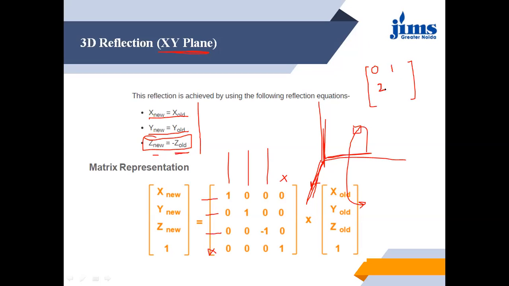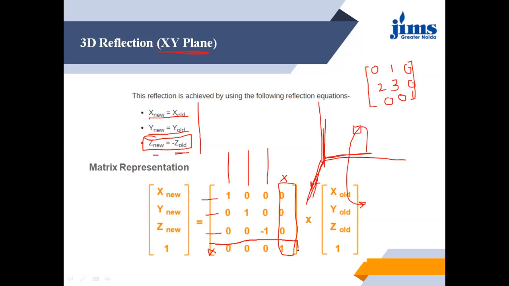Only these are required to represent an object, but there also we add an extra column and extra row to make it homogeneous.